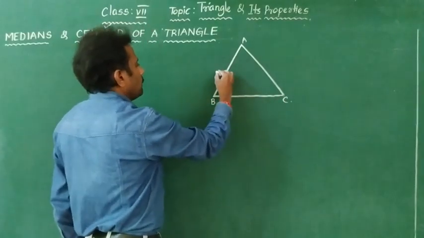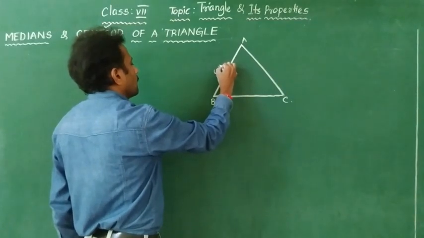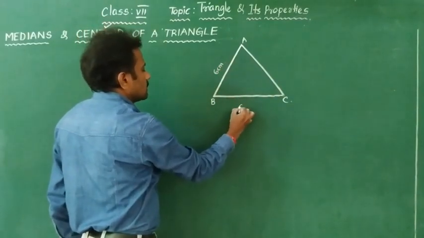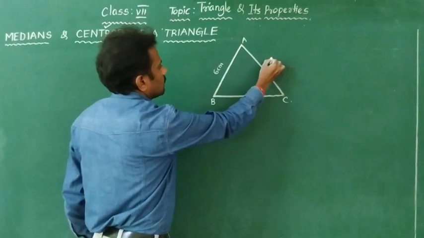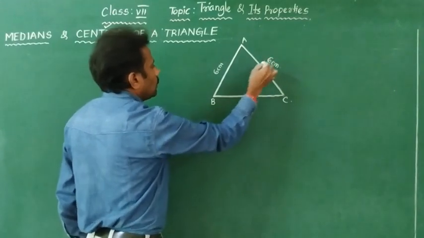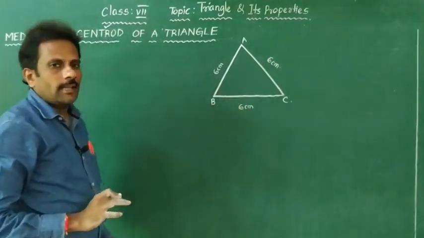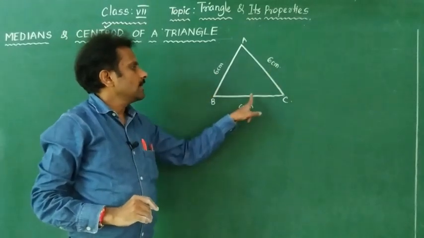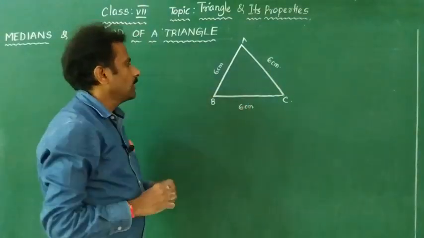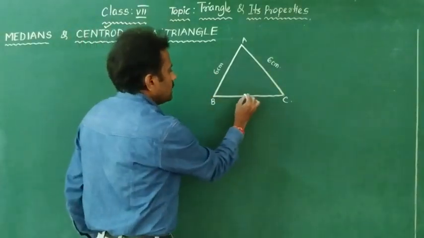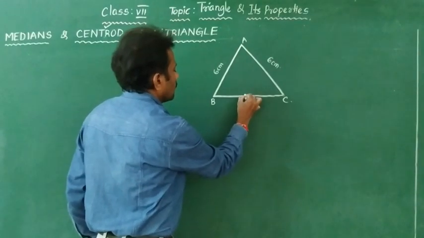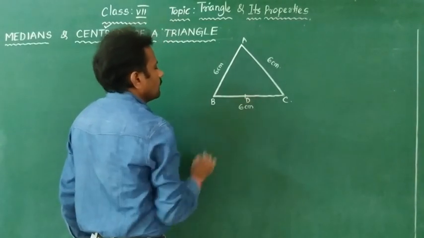This is, for example, 6 centimeters. This is also 6 centimeters. This is also 6 centimeters. So to denote that it is an equilateral triangle, I have taken the length of the side as an example. So here the midpoint of BC, that is D, let me take here.